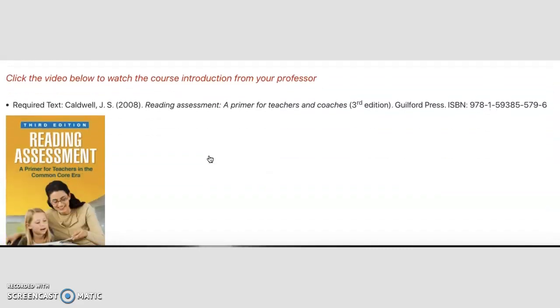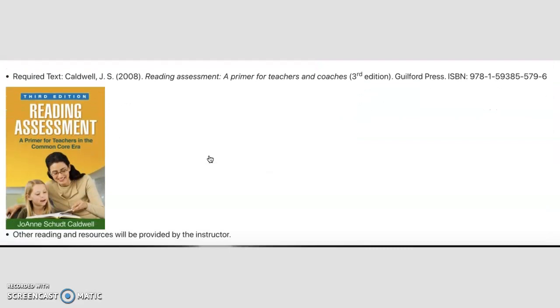So in this course, we have the textbook, Reading Assessment. You'll notice it's an older textbook, but I intentionally chose it, one, because honestly, I can't find another one that does a better job of covering the key aspects of reading assessment that we'll be looking at in here for a better price, as well as just the content themselves.